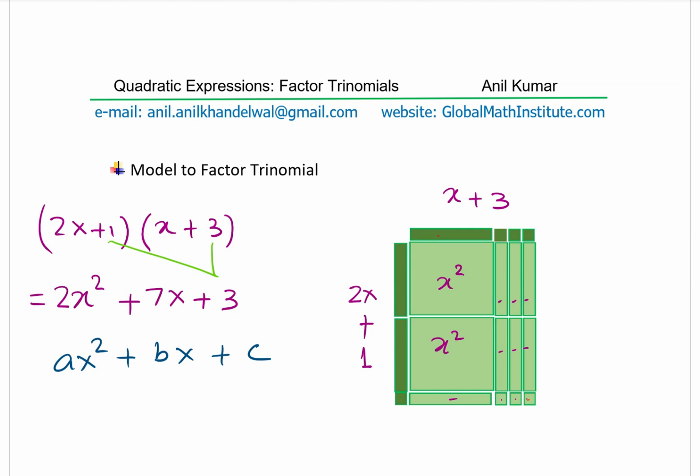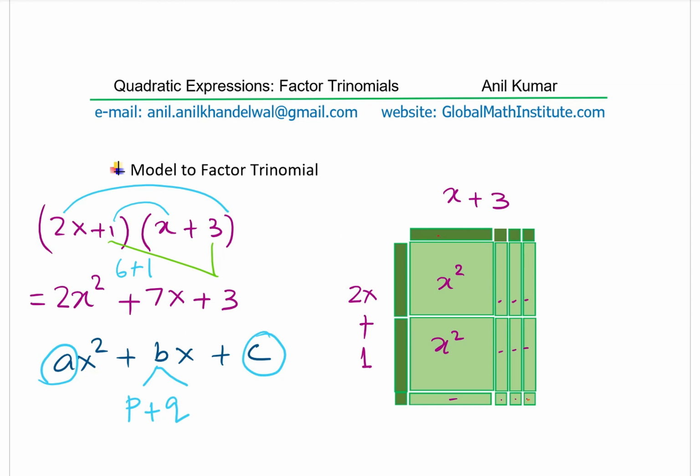The center term on the other side is the sum of the outer and inner products. So here 2 times 3 is 6 plus 1 times 1 is 1. When you add 6 and 1, you get 7. The center term is the sum of these two. So basically what we need to do here is split this b into two parts. Let's call them p and q. So the sum of these two should become b.